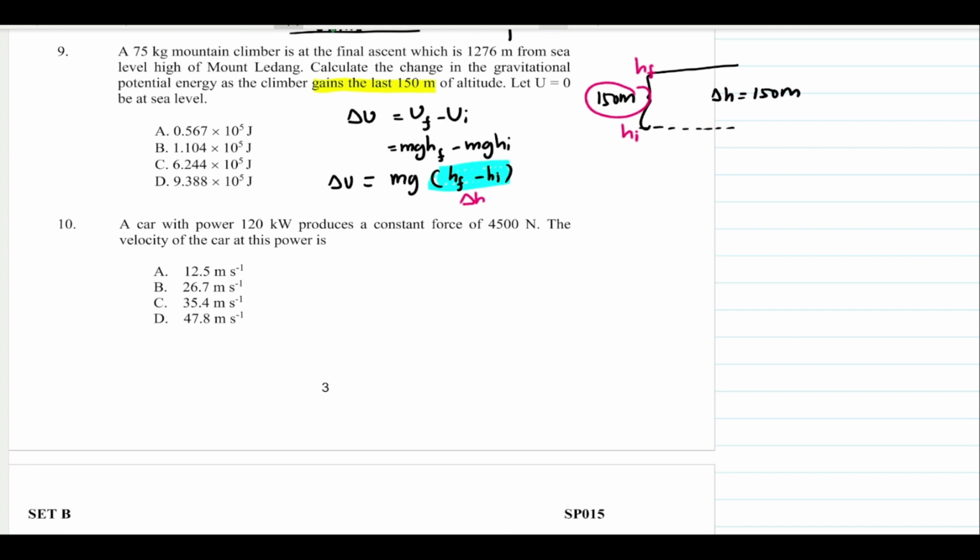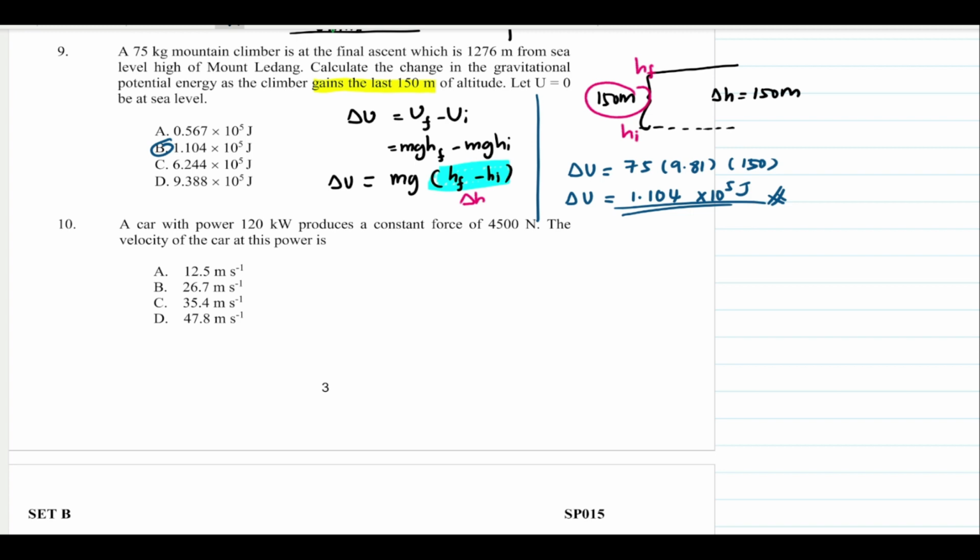Okay? So, bolehlah kira. So, now delta U is equal to mg delta H. M adalah 75, g 9.81, delta H is 150. Therefore, delta U is equal to 1.104 exponent 5 joule. Okay? So, the answer is B.